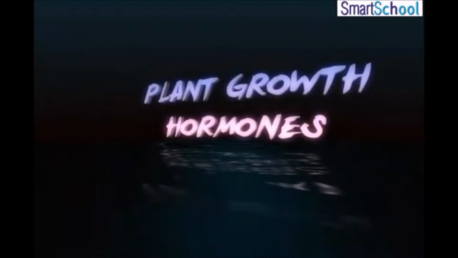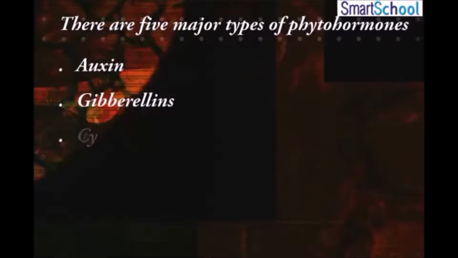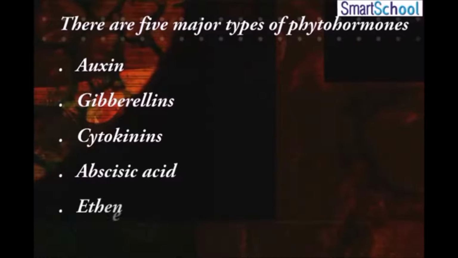Plant growth hormones. There are 5 major types of phytohormones or plant growth substances which are involved in the control and coordination in plants. Auxins, gibberellins, cytokinins, abscisic acid, ethene, ethylene.